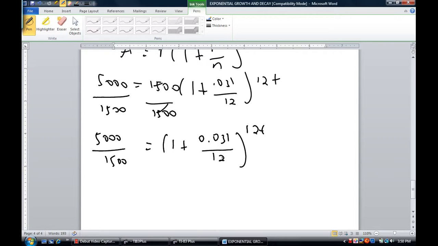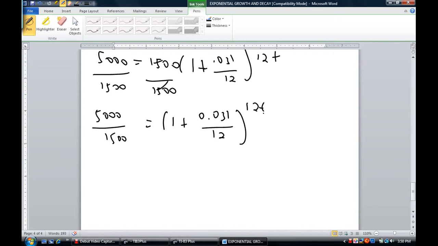Now you may want to use decimals, and that's fine, but it really depends on your instructor. So now I have this exponent, and I need to get the 12t isolated. In order to do that, I'm going to take the natural log of both sides, which just means I'm going to write natural log in front of each side.